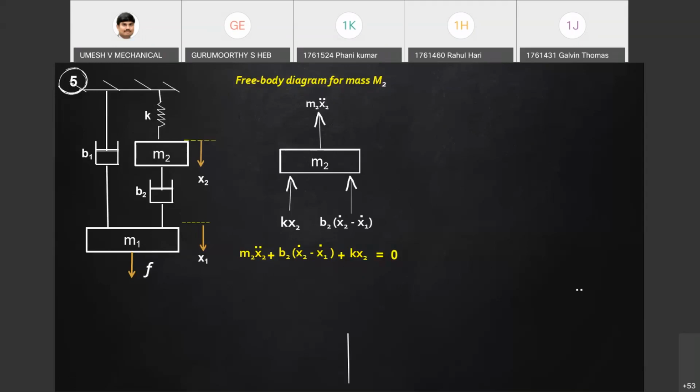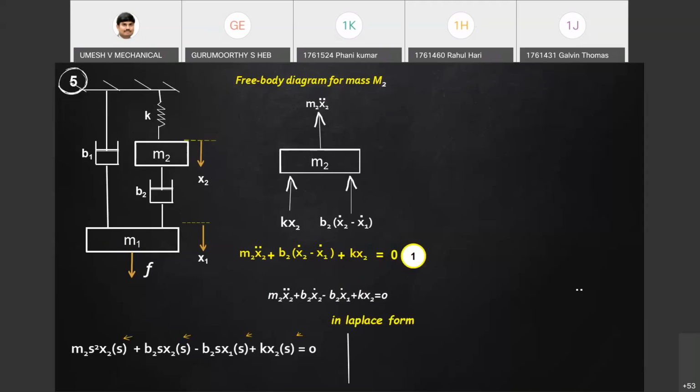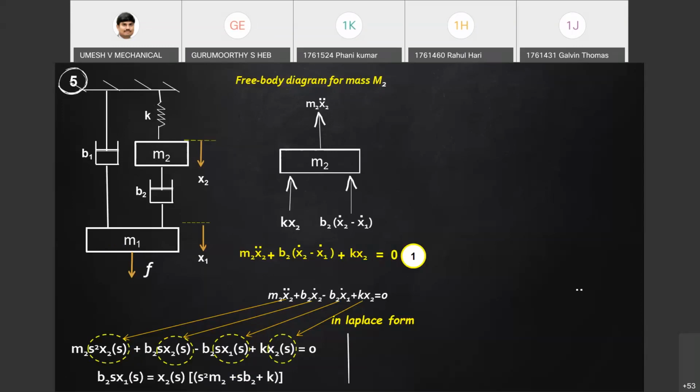So finally we have the output as x2, input as f. Always keep that in mind, and open the brackets to the left. You get one equation.